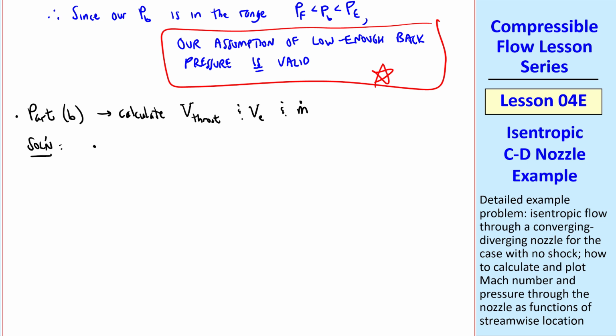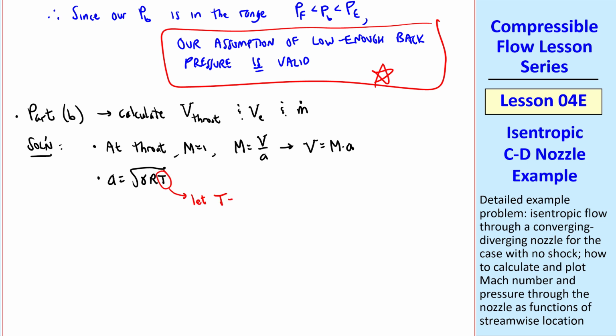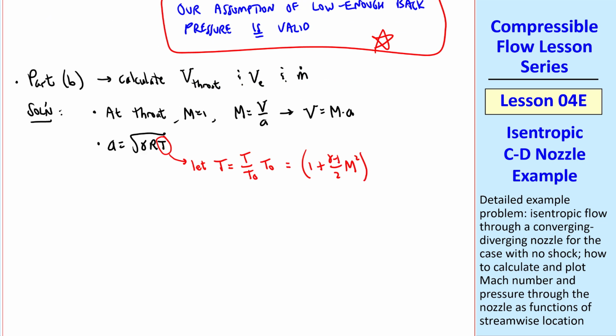I'll show my solution. At the throat, we know that M equals 1 since this flow is choked. M equals V over A by definition, so V equals M times A. A equals square root of gamma RT, so we need T. We'll let T equal T over T naught times T naught, where from our isentropic relationship, T over T naught is 1 plus gamma minus 1 over 2, Mach number squared to the negative 1, and we'll set M equal 1 at the throat.